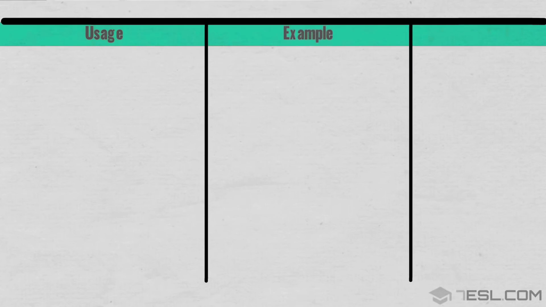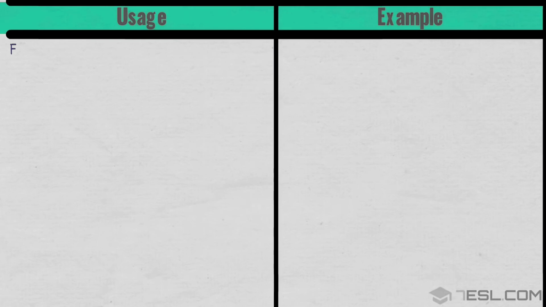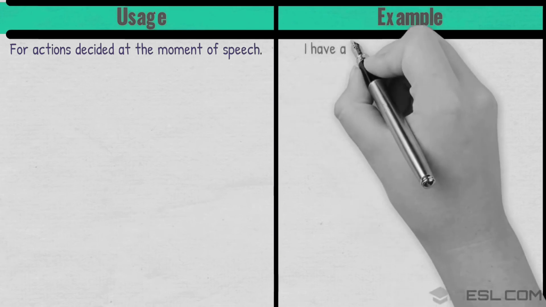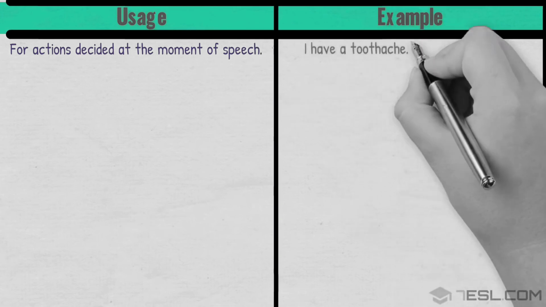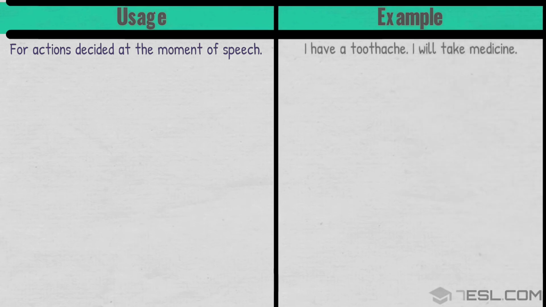Usage. Example. For actions decided at the moment of speech. I have a toothache. I will take medicine.